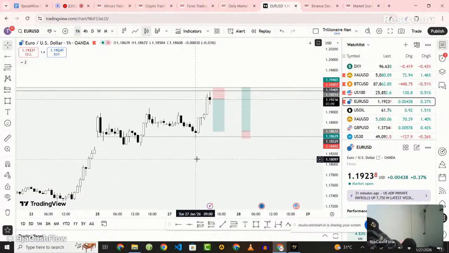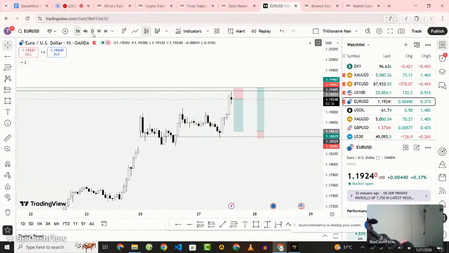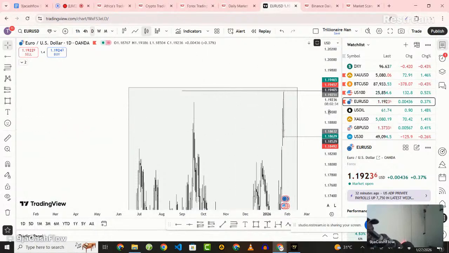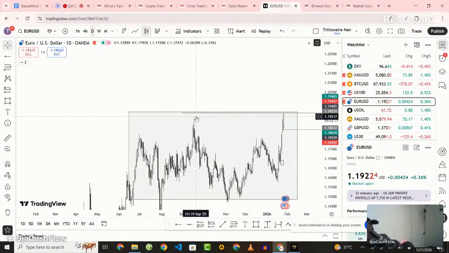So although Euro is strongly bullish, I think it's a good sell. Worth it. And we are far from the all-time high. So this sell is just based on the fact that we just took out a weekly resistance.